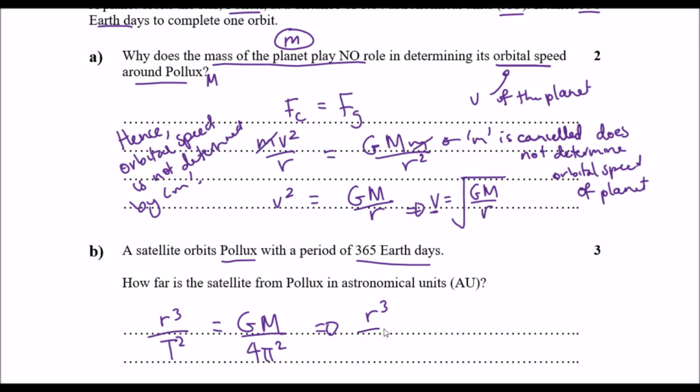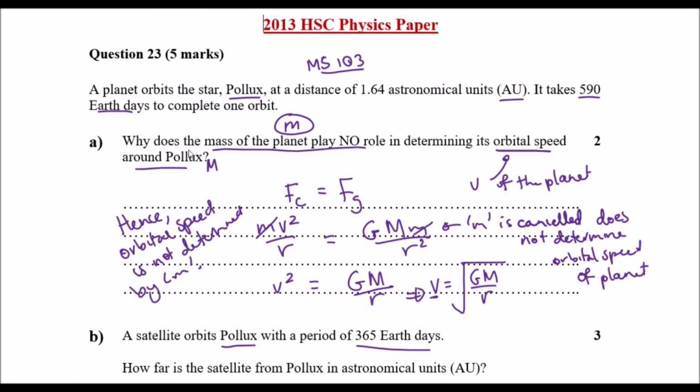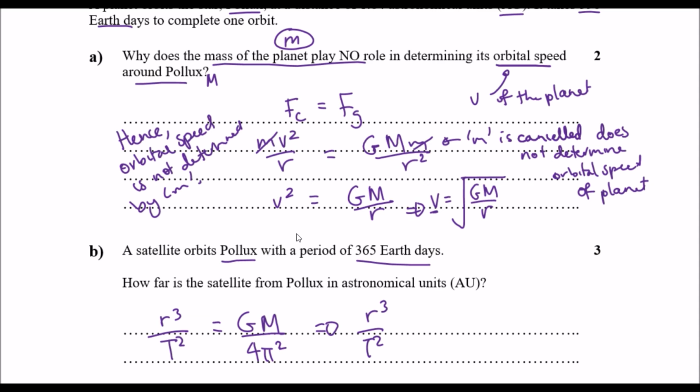R cubed over t squared, and this will be for the planet, okay? So for our planet, and then we can look at our satellite, because this equation is the same as this equation here.